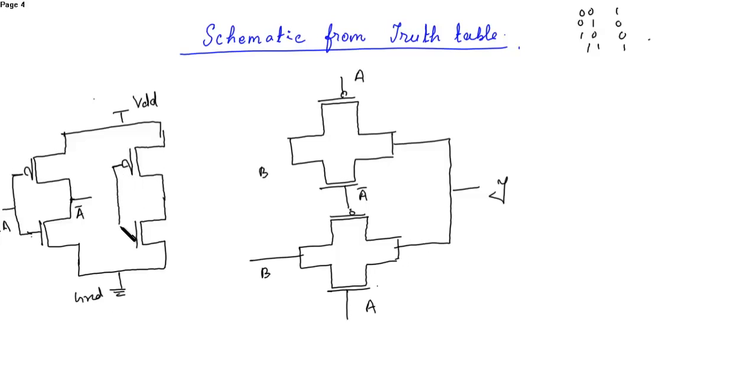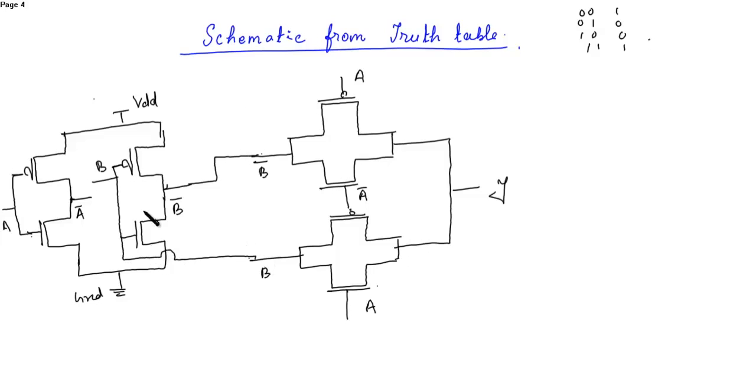From here you have input B and the output is B bar. Sorry, this is B and this is B bar. So B bar is connected over here and B is connected from here.